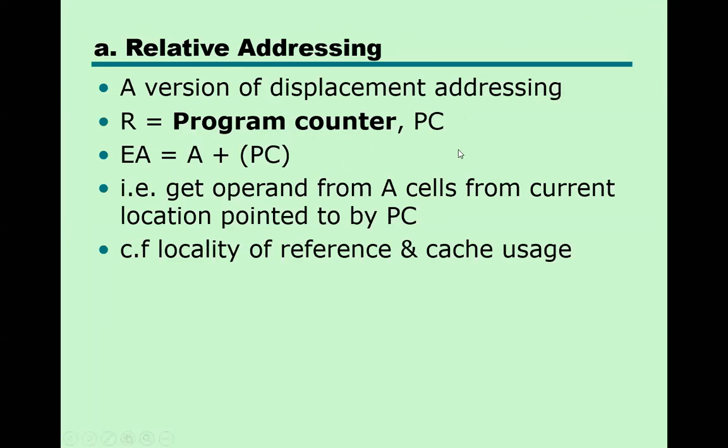Your program counter PC holds the address of the next instruction that is going to execute. So PC has an address, and A is the address. So when you add A with the program counter, you will get the effective address.